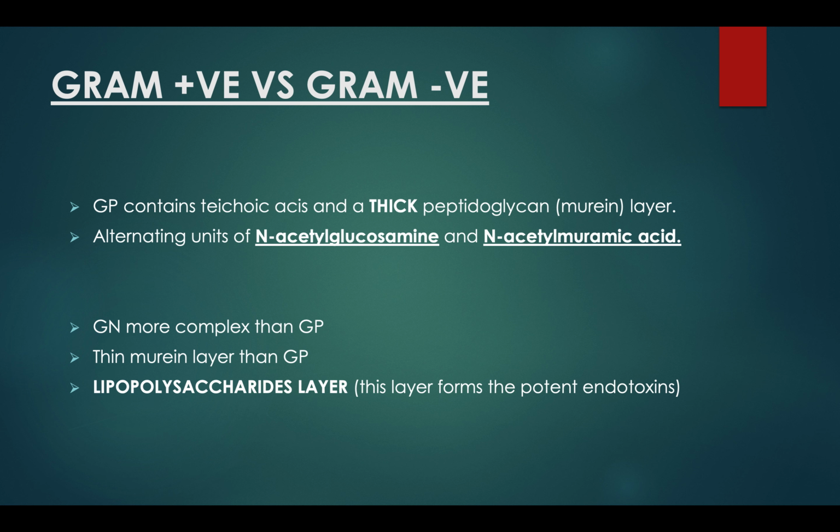It's the layer which sheds off and forms the endotoxins. So just remember, lipopolysaccharides are present in gram negative, so gram negative bacteria are the ones which produce endotoxins. There are some gram positive which produce endotoxins, but if you get a question on the test regarding this, it's going to be gram negative bacteria which produce endotoxins.